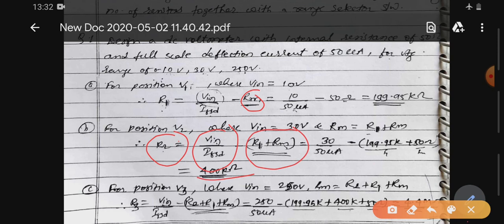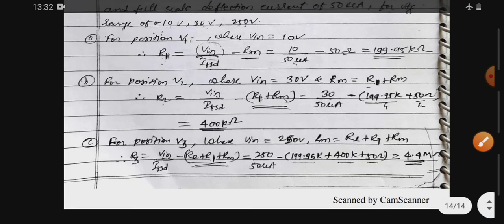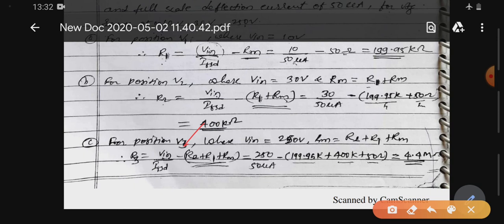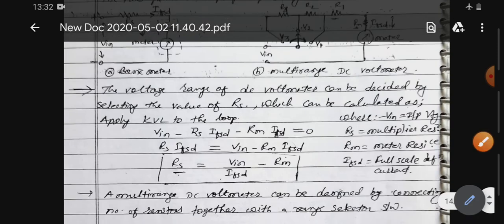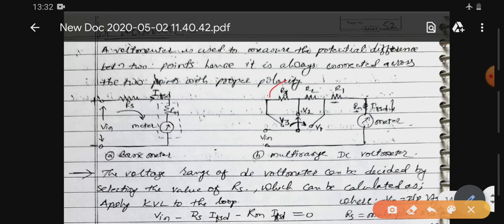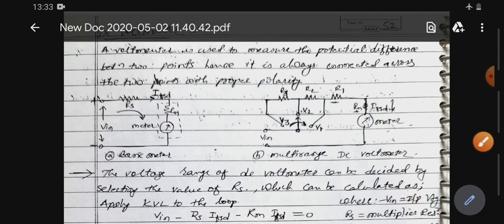Similarly at position 3, that means V3, the third voltage range is Vin equal to 250 volt. Now you are calculating the value of R3, and instead of Rm, there will be R2 plus R1 plus Rm. So it is the addition of these three resistors.